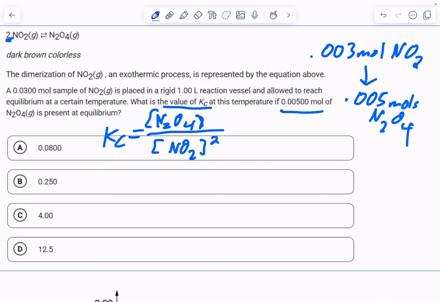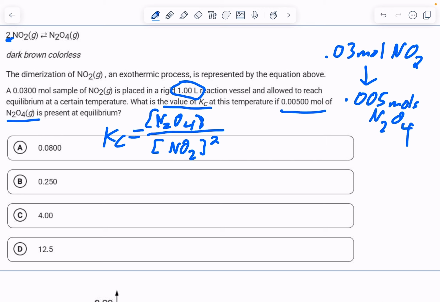So 0.005 moles is present at equilibrium. I can't just plug those values in. First off, they're moles, but since it's a 1 liter container, we get to assume that they're also the molarity. So we actually have 0.005 molarity and 0.003 molarity, and I just realized I wrote this one wrong. It is 0.03, which is a big difference.